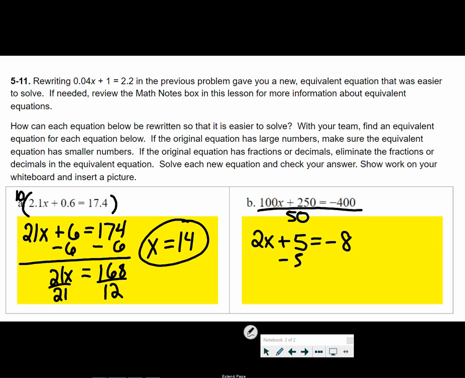So when I subtract 5 from both sides, I get 2x equals negative 13. Divide both sides by 2, so x equals negative 6.5.